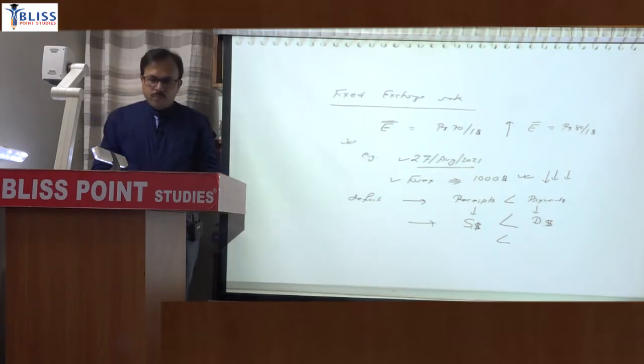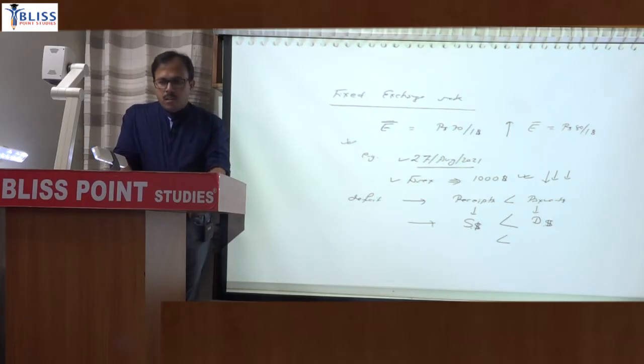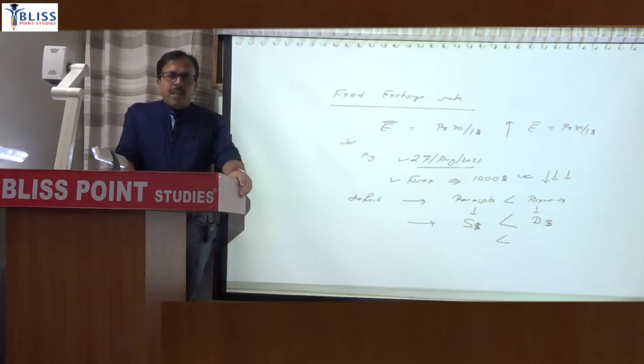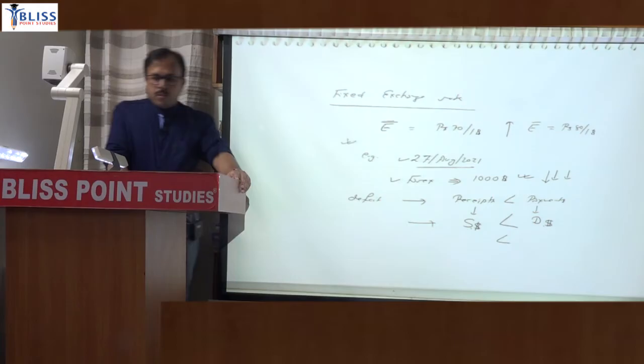However, in this system, central bank must have foreign exchange reserve available in order to keep exchange rate fixed. So central bank can keep exchange rate constant so long as central bank has the reserve, so long as central bank can intervene in the market.